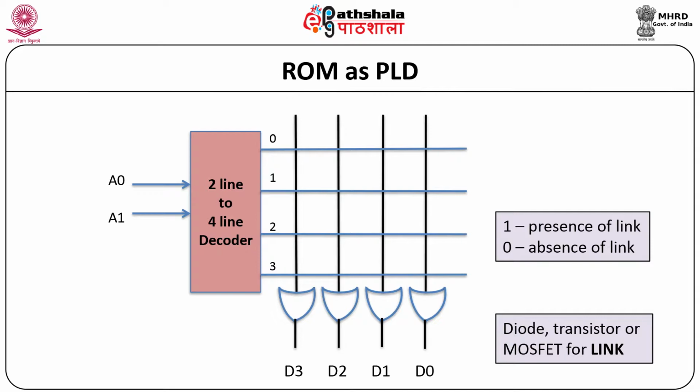For implementation of PLD, what we require is simply sum of product form. The internal structure of ROM consists of 3 parts: address decoder, memory array and OR gates. The first block is the address decoder in memory.